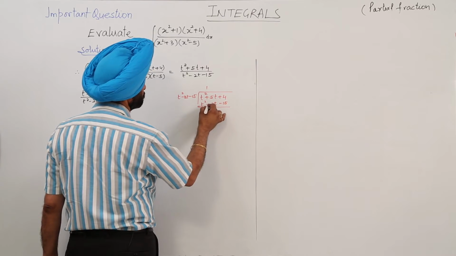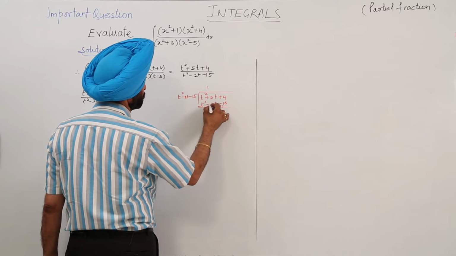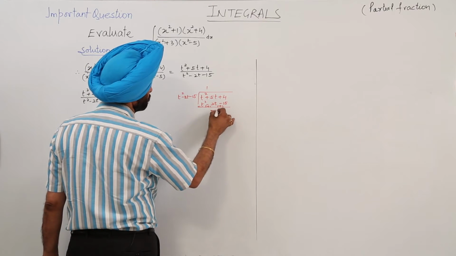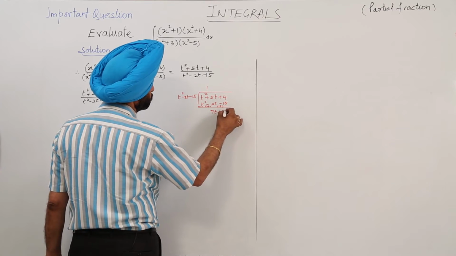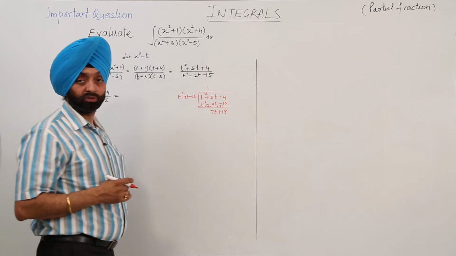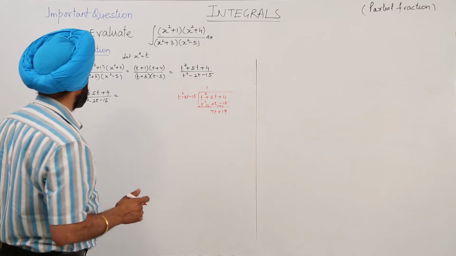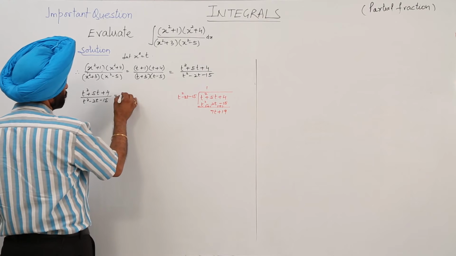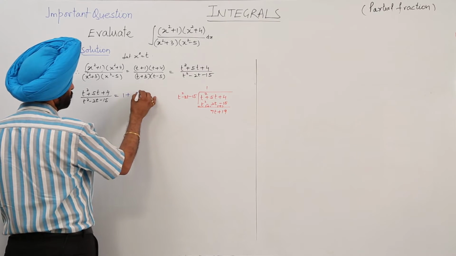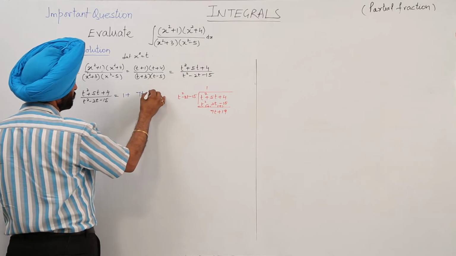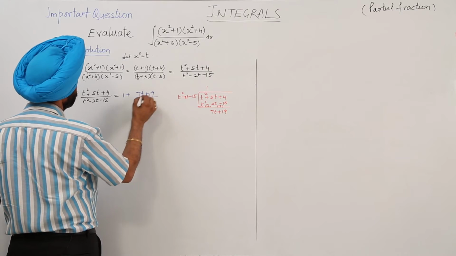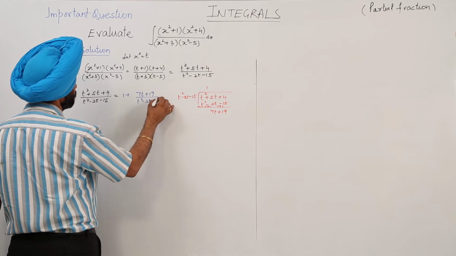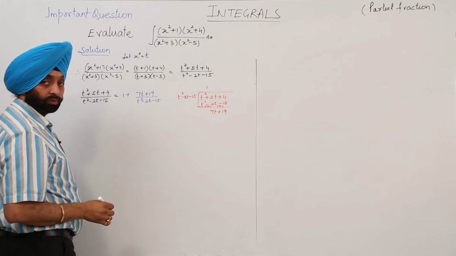Now, minus plus plus. So, we are left with 7t plus 19. So, now this can be written as 1 plus (7t plus 19) upon t square minus 2t minus 15.